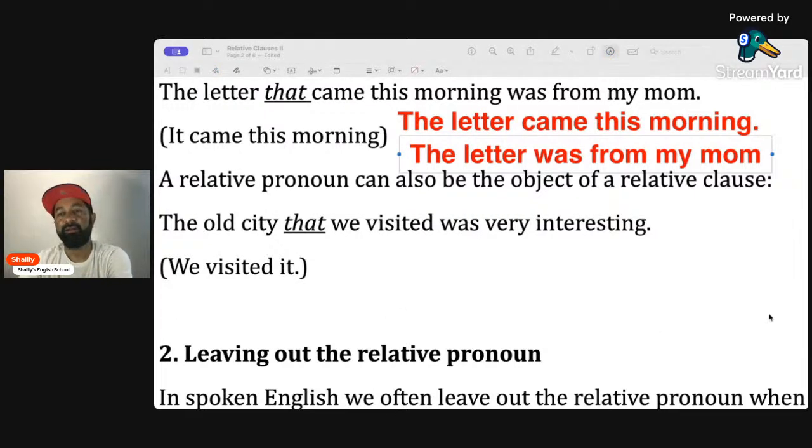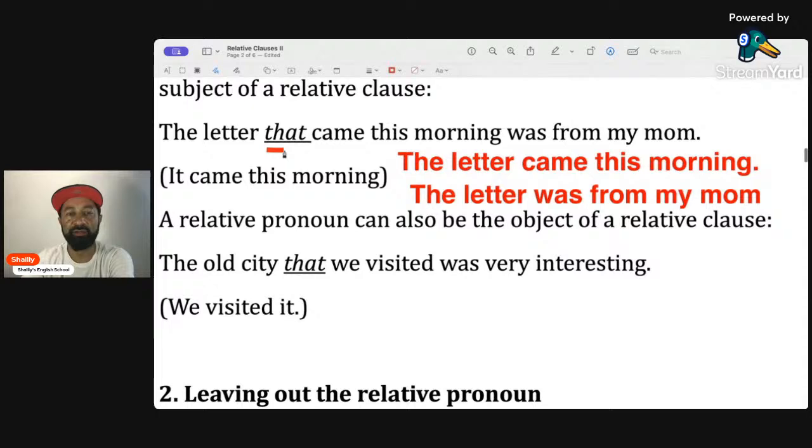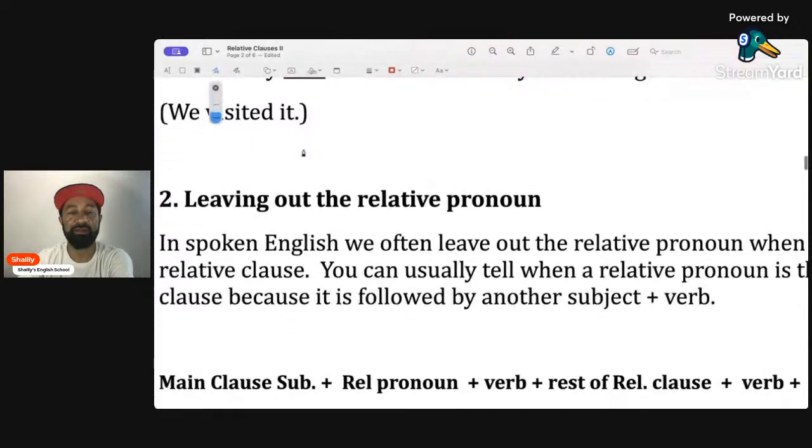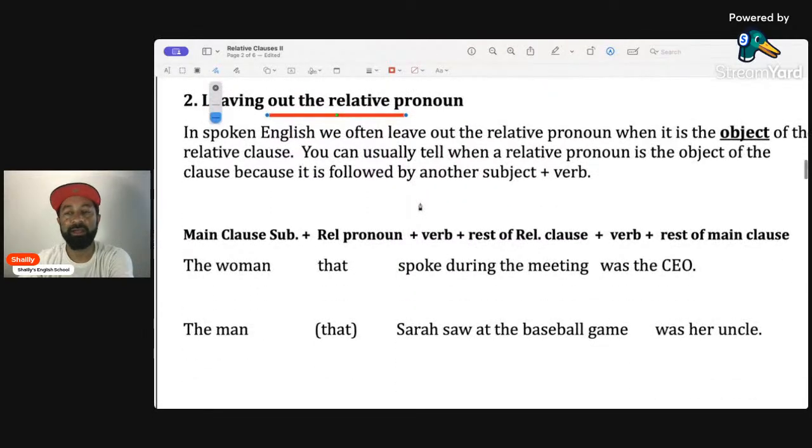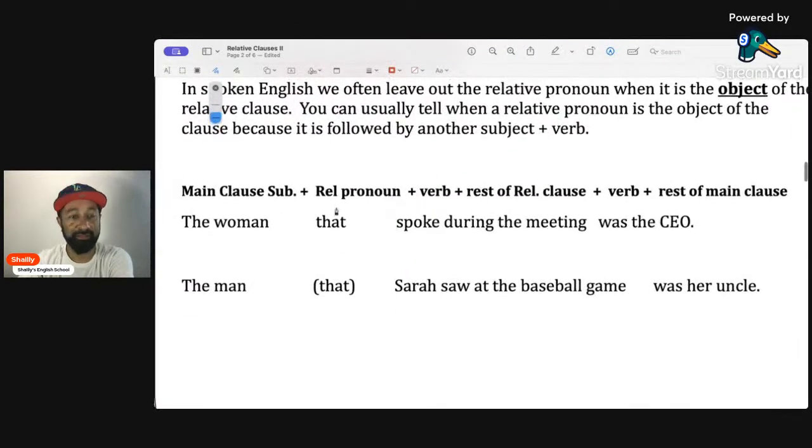But what we have to remember is that sometimes we don't need to use the relative pronoun. Sometimes we can omit it. We don't need it. So let's look down here, leaving out the relative pronoun. Now, the main way that we make these sentences, and here's the pattern. The grammar pattern is right here. So whenever you make a sentence, it's going to be the main clause subject.